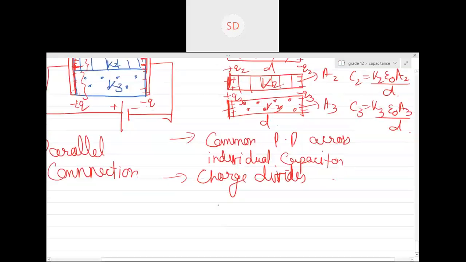So once we are done with this, then can I say C parallel equals C1 plus C2 plus C3?